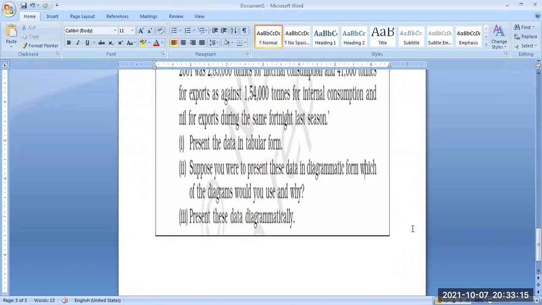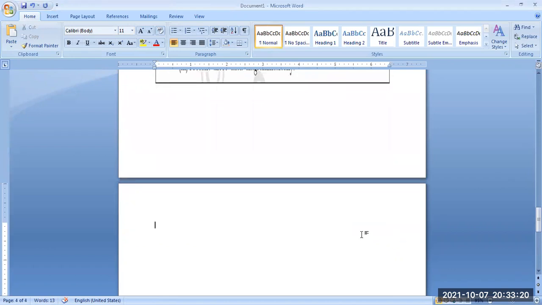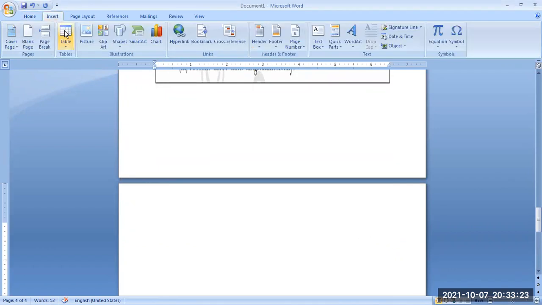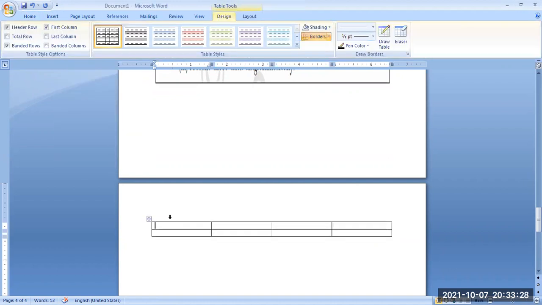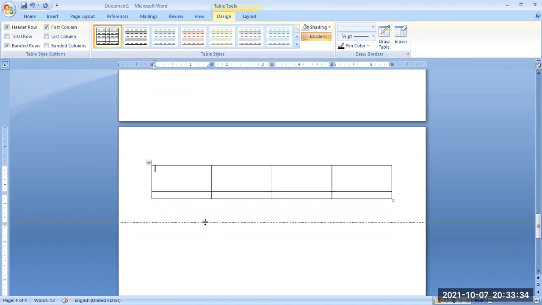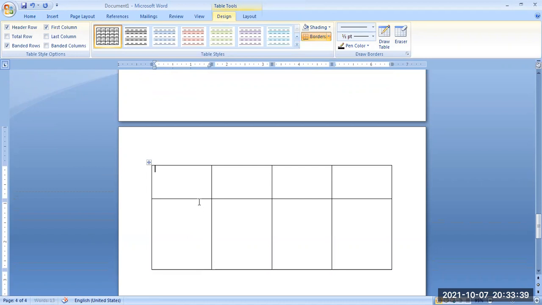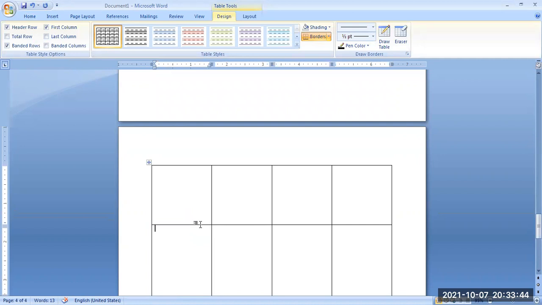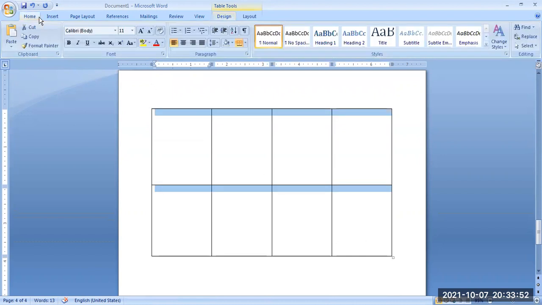Now you see, I am drawing a table. First I am mentioning dates, as dates are required first.